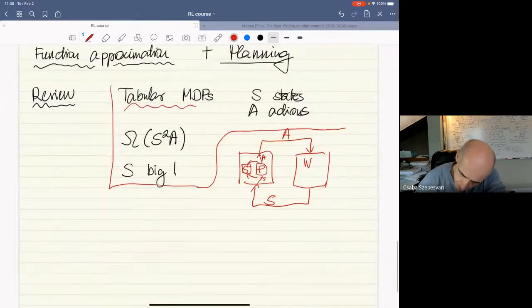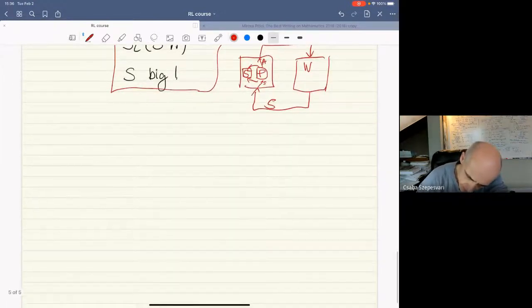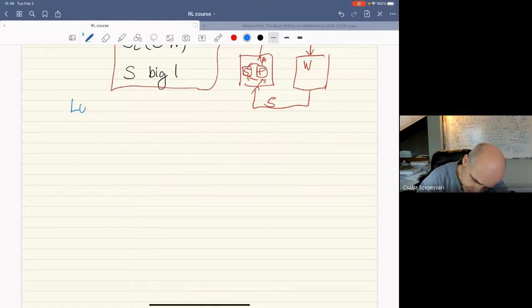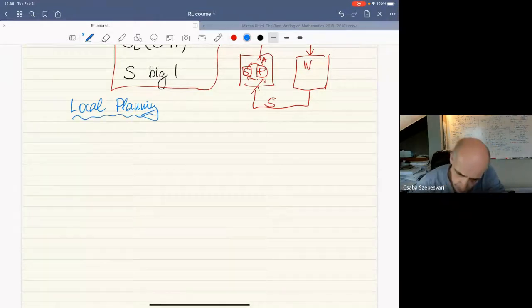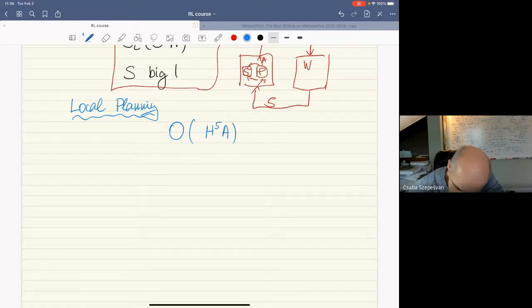And so this leads to the notion of local planning. And for this local planning business, we saw that you can get away with big O something like effective horizon to some polynomial power, I think 5 or something like that, times the number of actions, and the whole thing raised to the effective horizon.